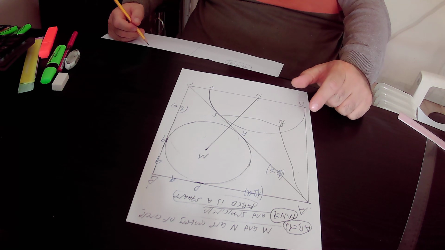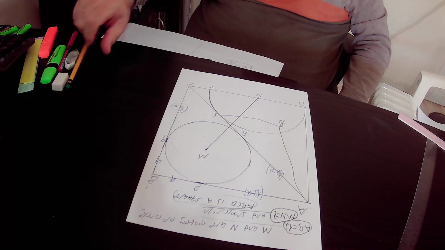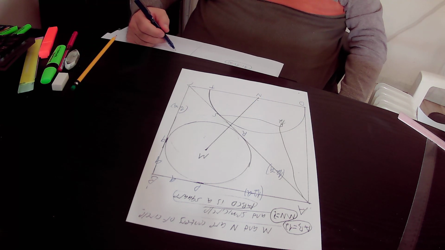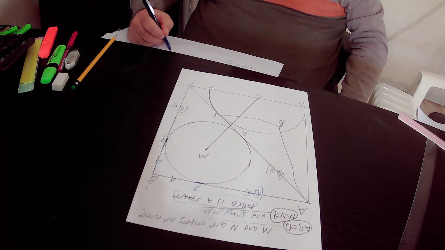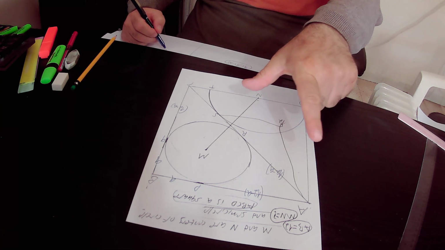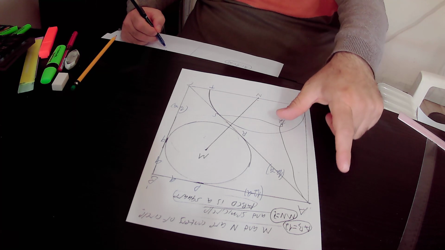And what is the value of RS? It's very easy to see from the drawing that RS is equal to AS minus AR.